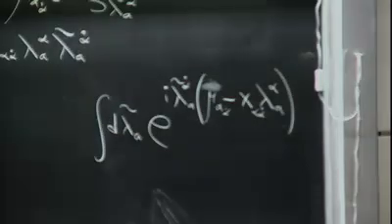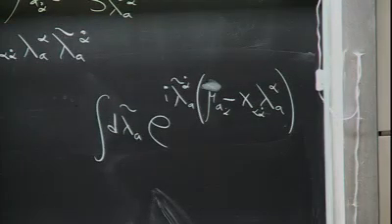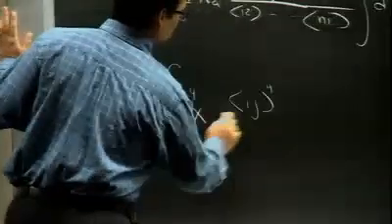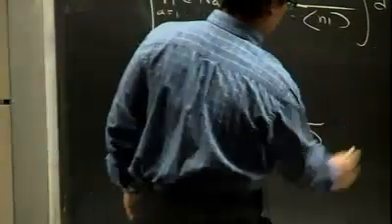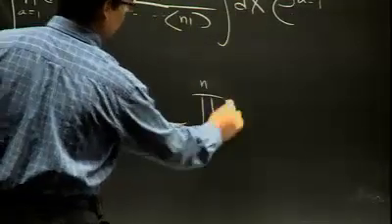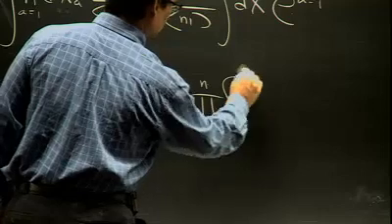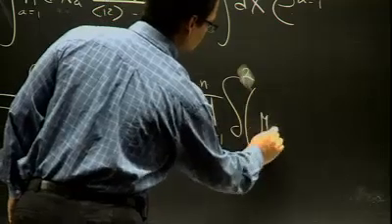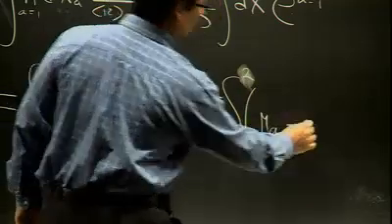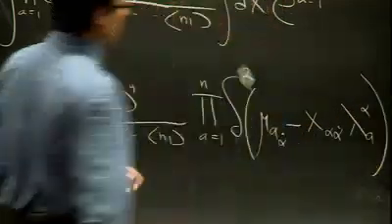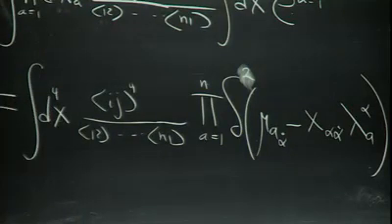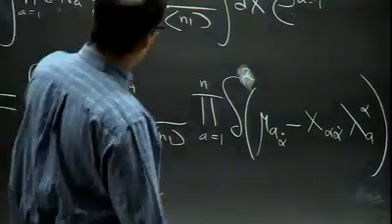So I can bring the integral over points in space-time outside and have my amplitude here. And each of those integrals produces a delta function that gives rise to this formula.